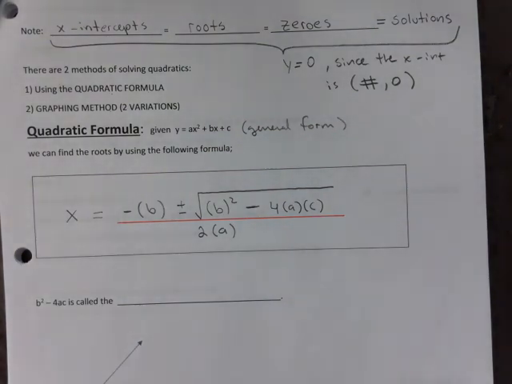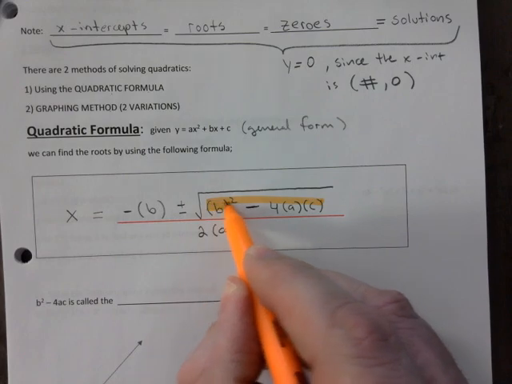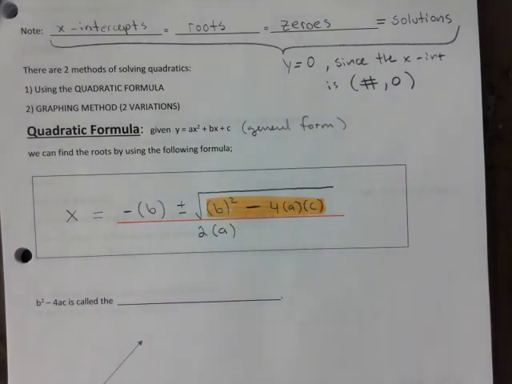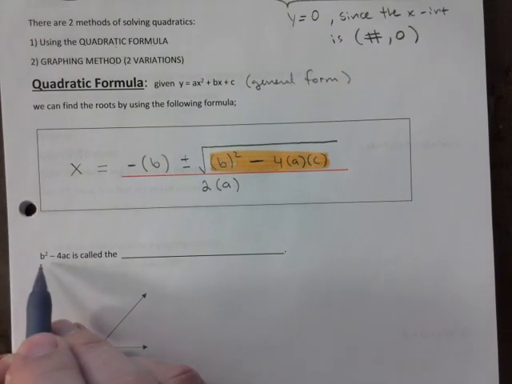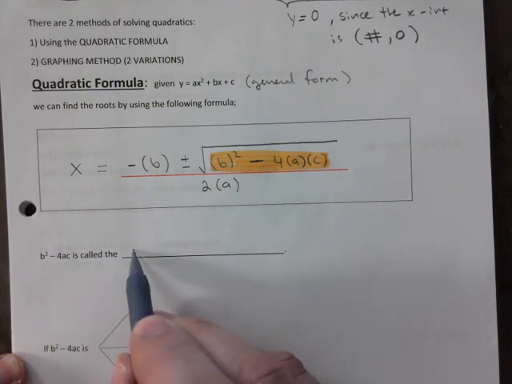Okay? All right. This part right here, this part right here inside the root, we kind of hone in on that, and it actually is given a name. The b squared minus 4ac that we just highlighted is called the discriminant.